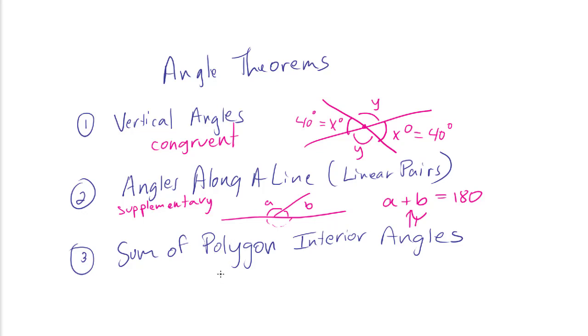Okay, number 3. Sum of polygon interior angles. Well, hopefully by this point, everybody knows that a triangle sums to 180 degrees of the interior angles. And the interior angles would be that, and that as shown. Okay, good.